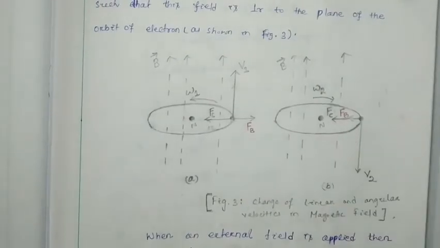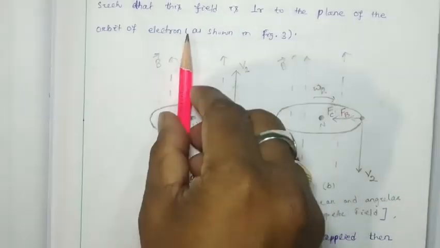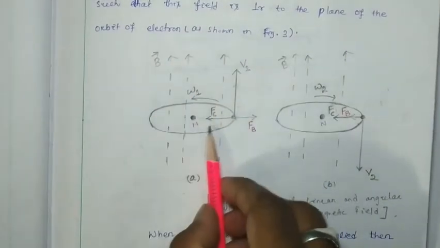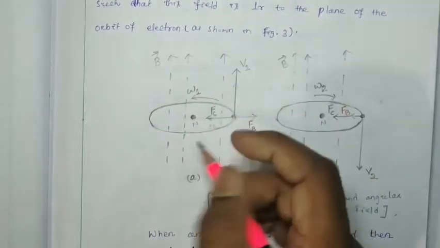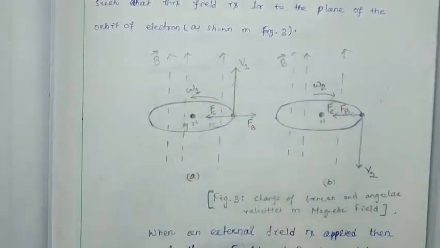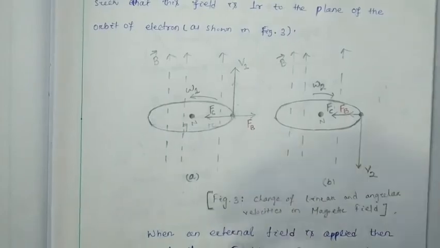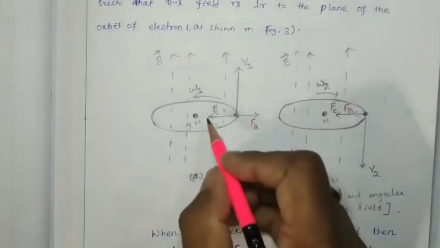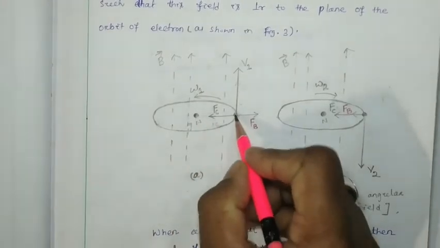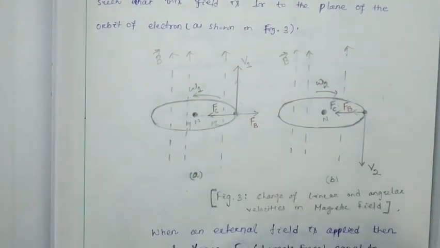derived the equations by considering that this is the magnetic field and this is the orbit, where the magnetic field is perpendicular to the plane of the orbit, right? And we derived the mathematical equations where we consider from the center of the nucleus to the electron, this distance is r, right?